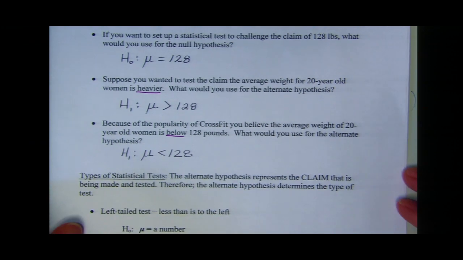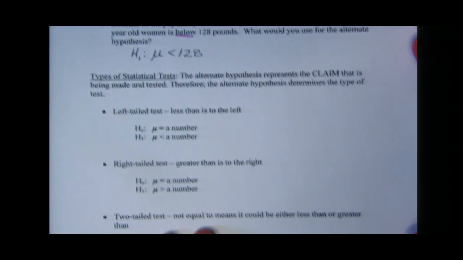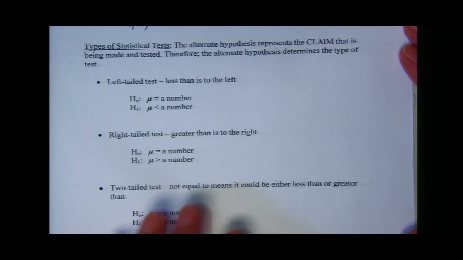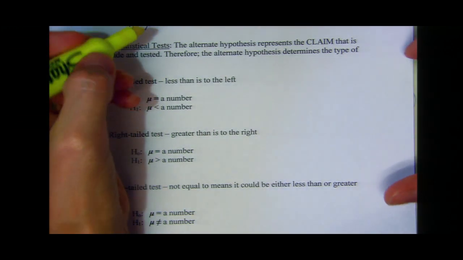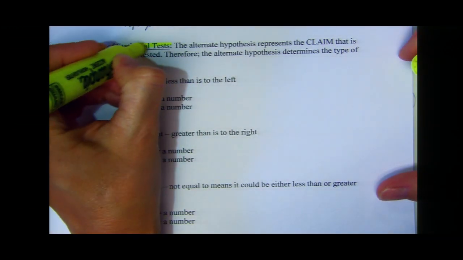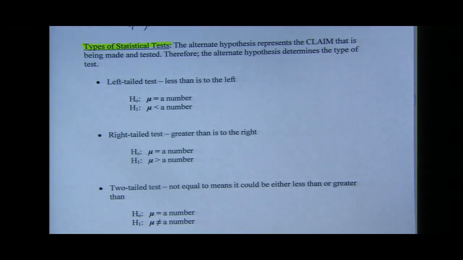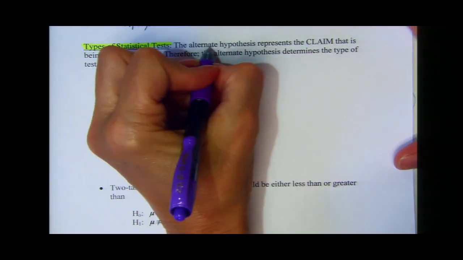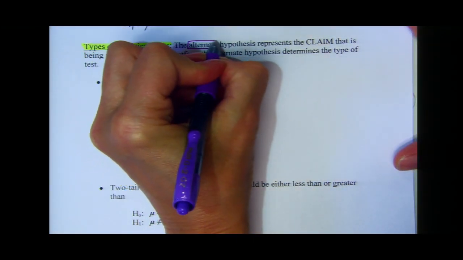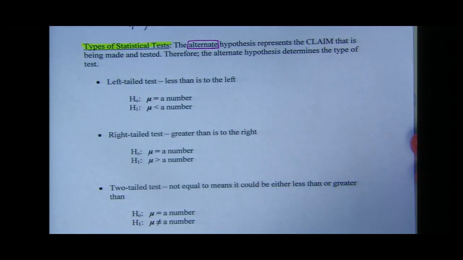Now, the alternate hypothesis tells us what type of test we have. So the type of statistical test is determined by the alternate hypothesis. The alternate hypothesis represents the claim that is being made and tested.